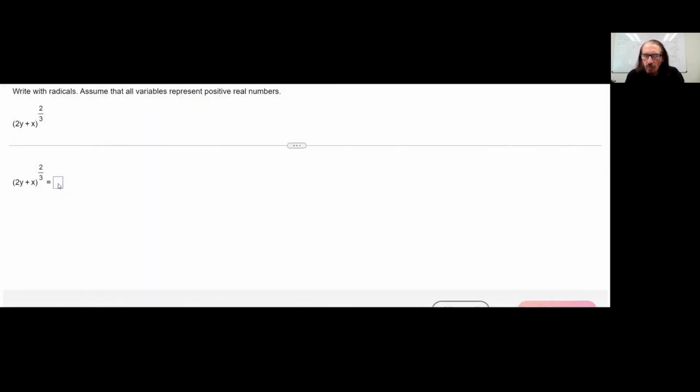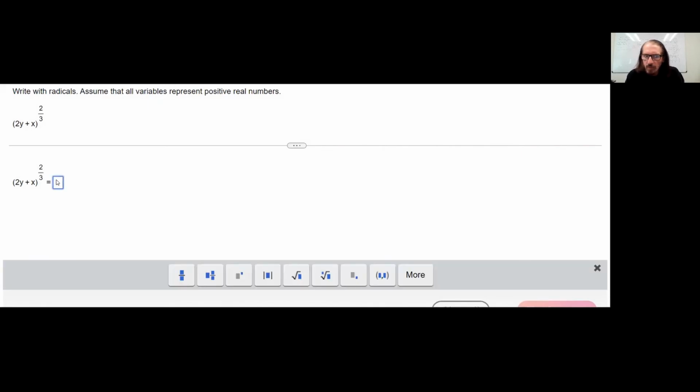On the next one, we have all of 2y plus x. All of that is being raised to the 2/3 power. So the denominator being 3, the root goes underground. So that's going to be cube root of all of 2y plus x. And then that whole thing, we're going to raise that to the 2nd power.